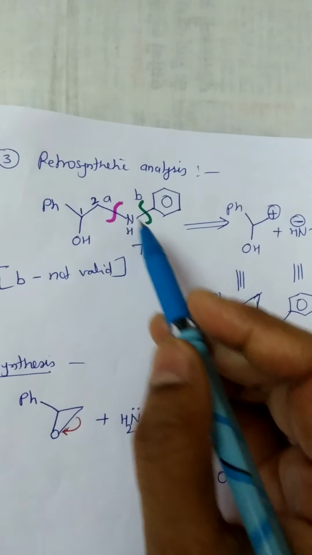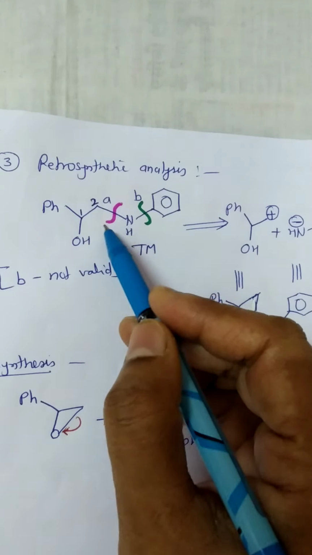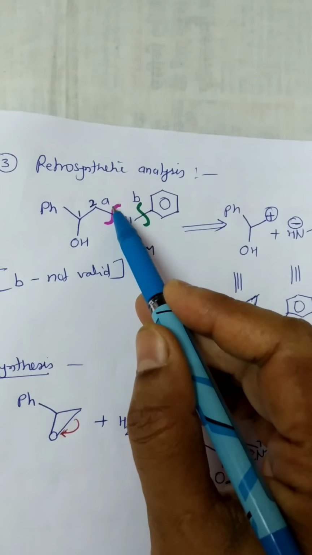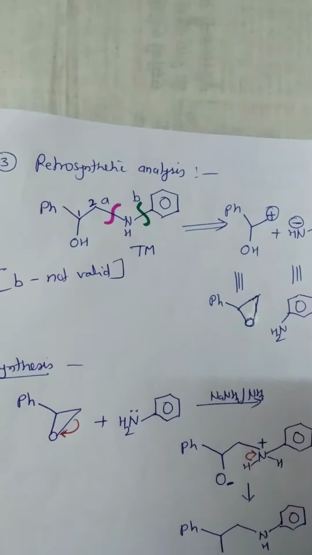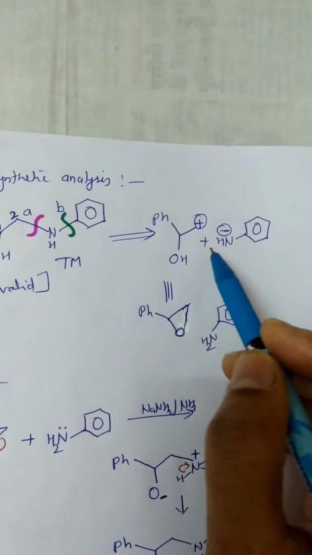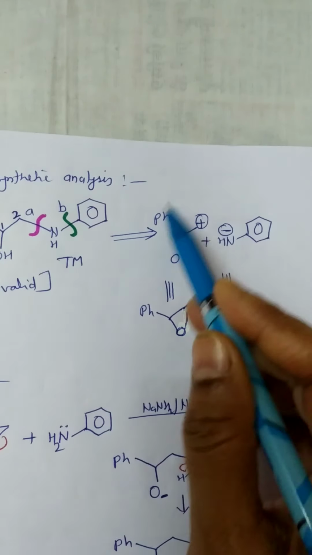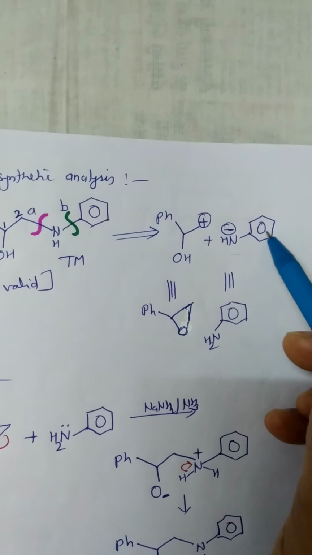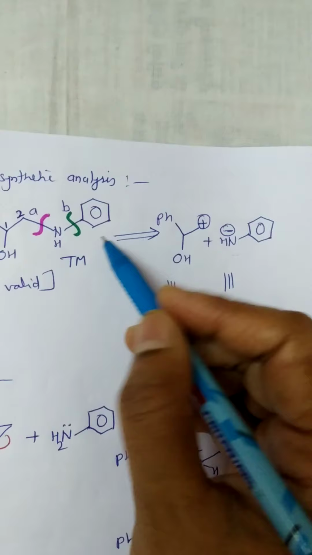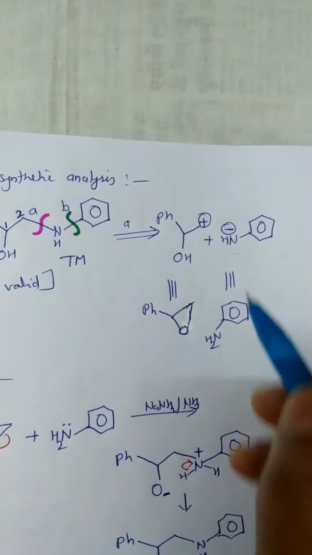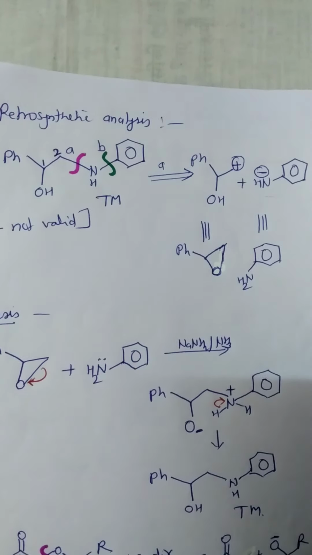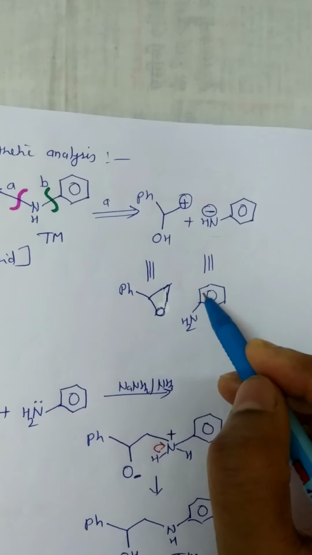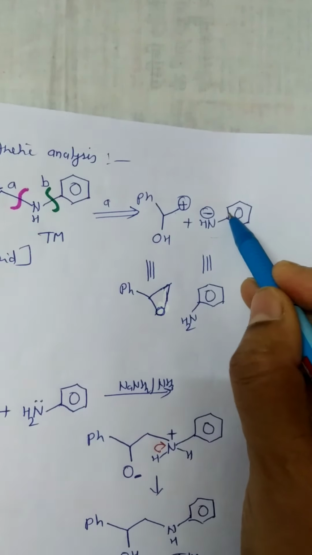Therefore, the best disconnection is this disconnection, and we disconnect by A type, and we obtain two synthons. This is one synthon, and this is the second synthon, and this is the synthetic equivalent of this synthon, and this is the synthetic equivalent of this synthon.